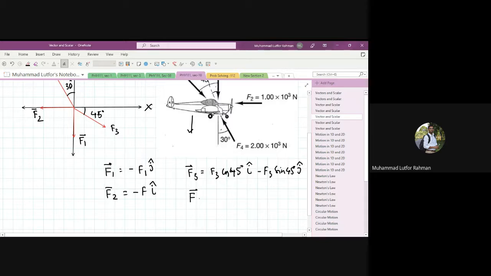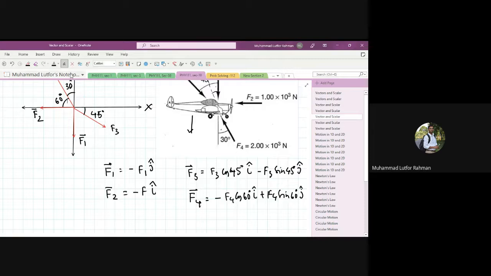And what about the F4? F4, I'll write minus F4 cos 60 degree i hat plus F4 sine 60 degree z hat, because that angle is 30, and definitely this is going to be the 60 degree.